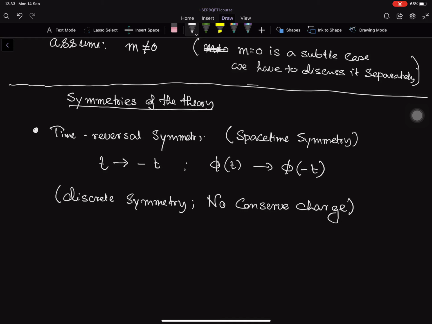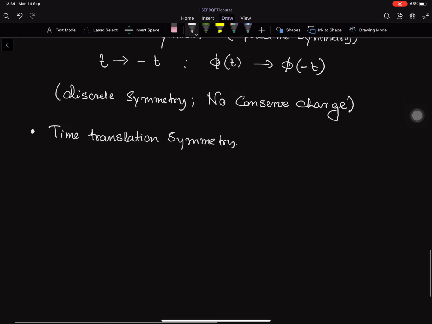Okay, so the next symmetry is time translation symmetry. This is a continuous space-time symmetry.